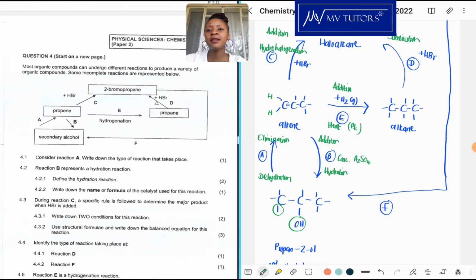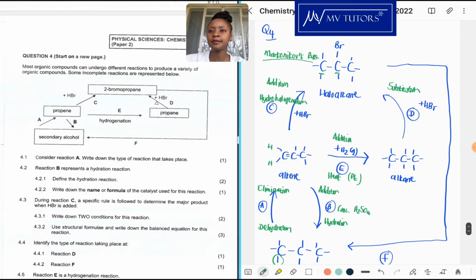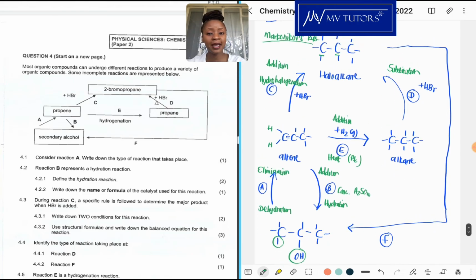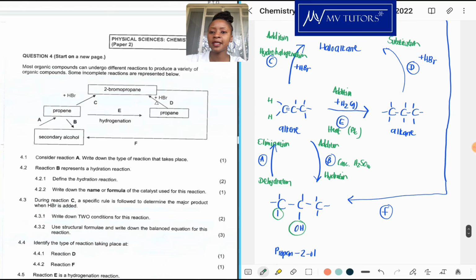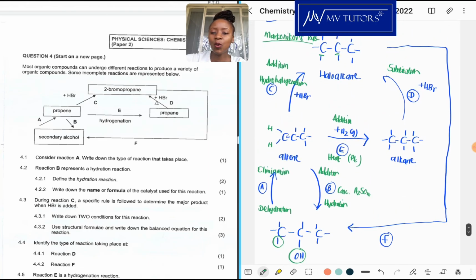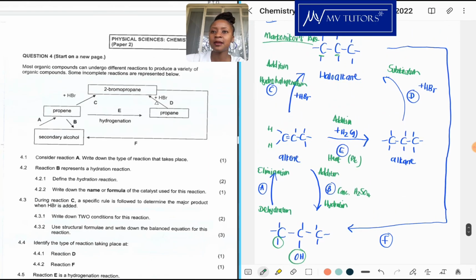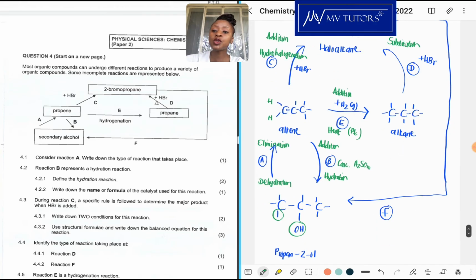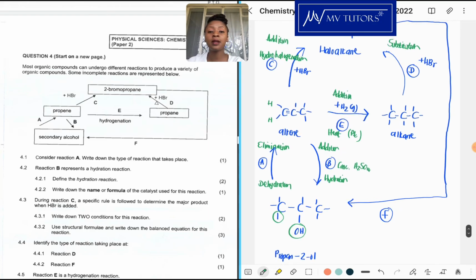Okay, now we go from the haloalkane to our secondary alcohol. Now what happened there? Basically, the haloalkane is saturated, and the propan-2-ol, the secondary alcohol, is also saturated. So for anything to happen, we need to do a substitution reaction. And what type?